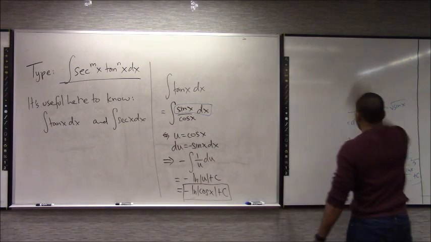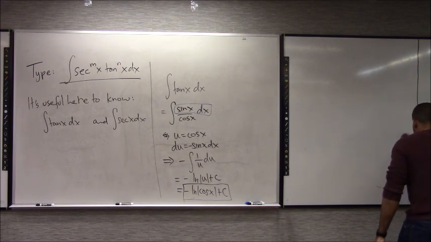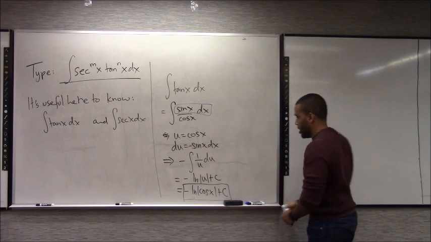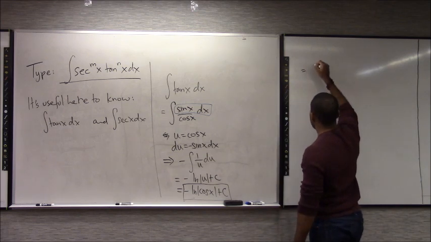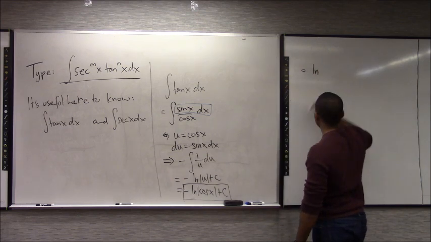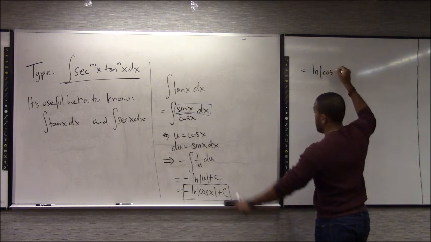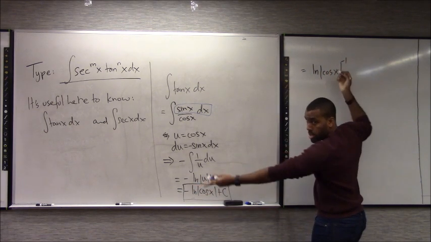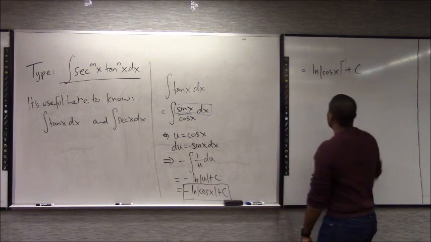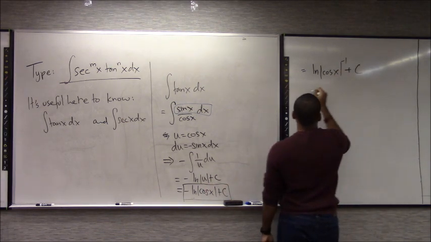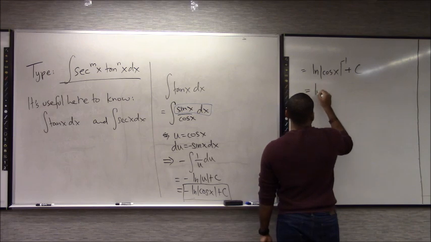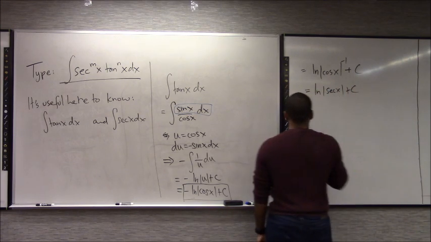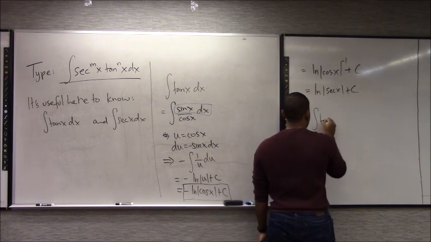A lot of places won't actually write it that way though, because the negative sign on the outside is not very aesthetic. So one thing you can do is remember how logarithms work. You can take a constant multiple and move it up as a power. That's a law of logarithms. And so now we have cosine to the negative 1 power, that's just secant. So this is now something we know.